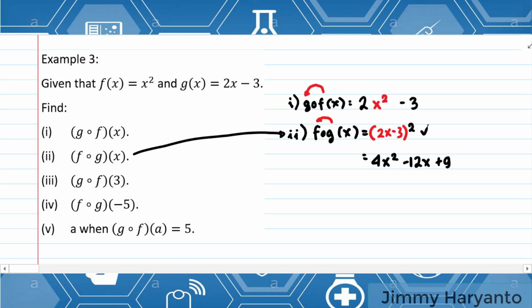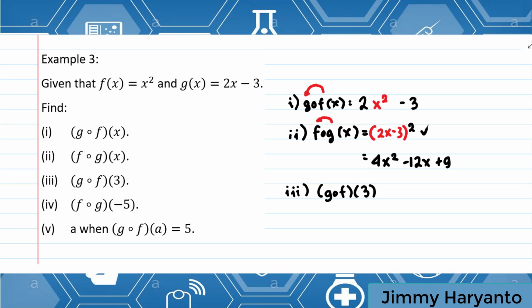Next one, the third one, g∘f(3). That means you have to substitute the 3 into g∘f. g∘f earlier was 2x squared minus 3, and then you substitute the 3: 2 times 3 squared minus 3 equals 18 minus 3, which is 15. Okay, this is part (iii).